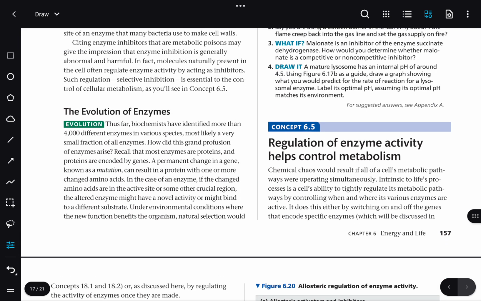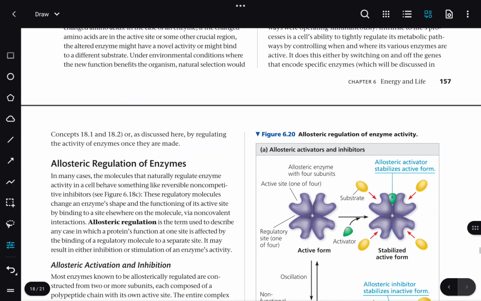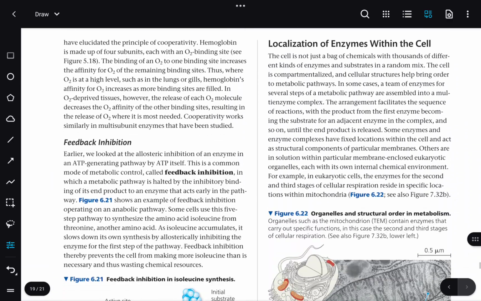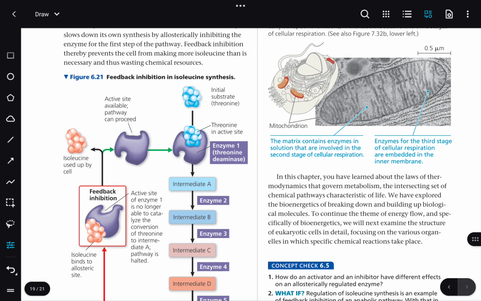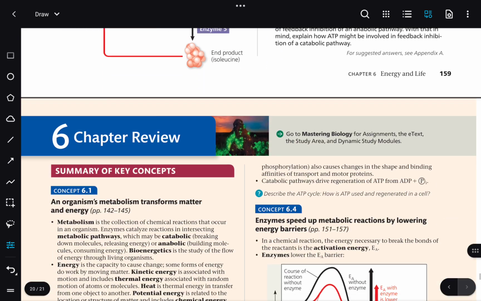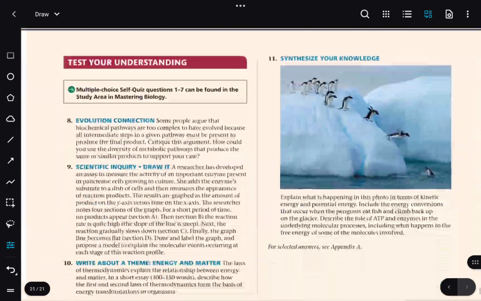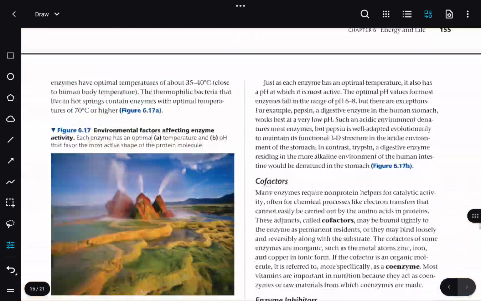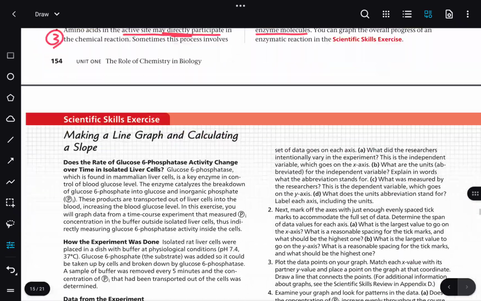Regulation of enzyme activity helps control metabolism: allosteric activation and inhibition, and localization of enzymes within the cell. There's a lot of memorizing here. Then the chapter review, and that's just about it. It's a very small chapter. Okay, we stopped it here.